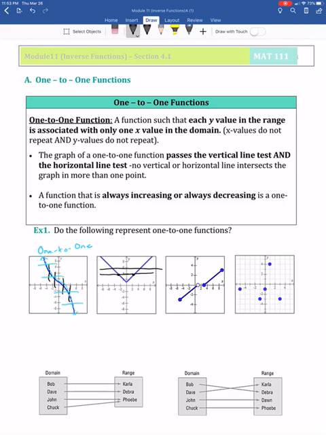Each y must produce one x, not two x's, or more than one. Graphically, we can also see it has a turning point. It's not always decreasing or always increasing. It has a change in behavior. It has a decreasing and an increasing interval, which again means it's not one-to-one.